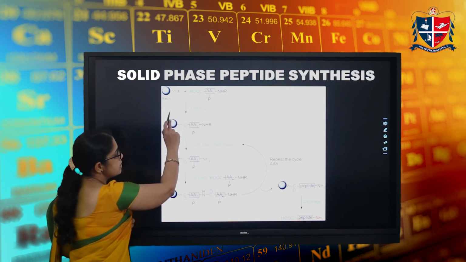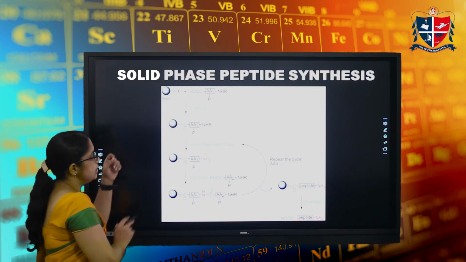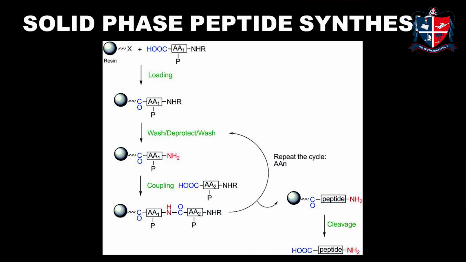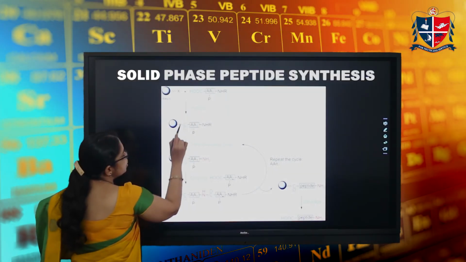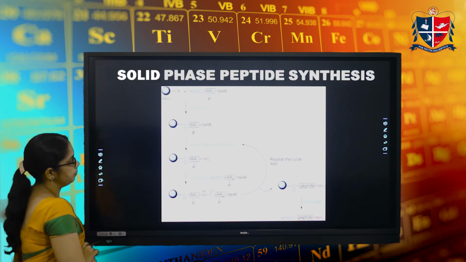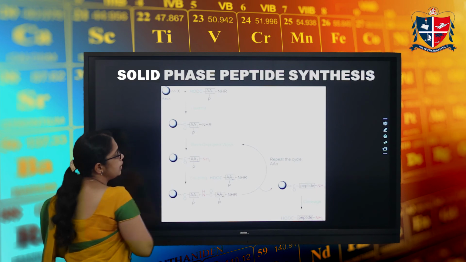In the cross-linked polymer, there is a functional group at the periphery, for example, mentioned here as X. As in a general organic reaction, there is some reaction, and the amino acid is loaded into this resin by a suitable bond. So here this COH now becomes CO.